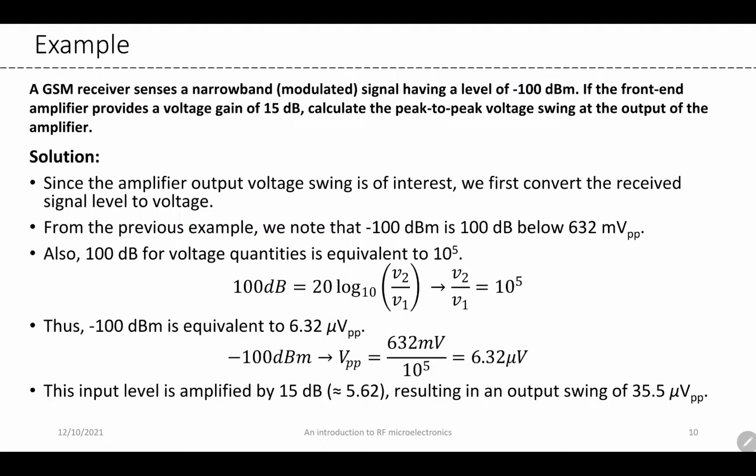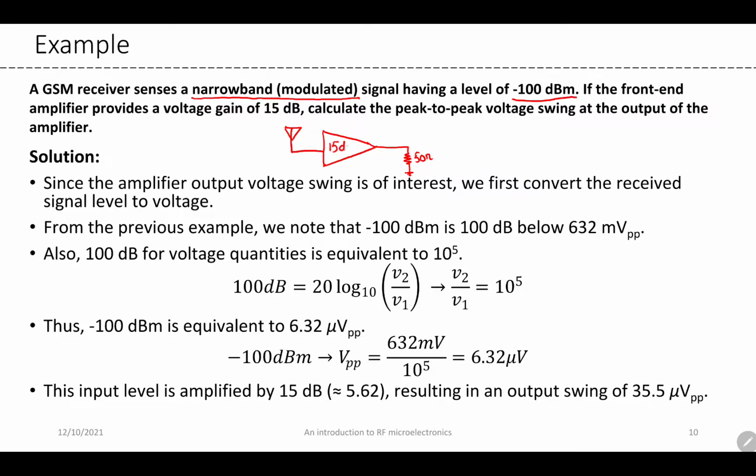A GSM receiver receives, and again the important part is a narrow band signal having a level of -100 dBm. If the front end amplifier provides a voltage gain of 15 dB, calculate the peak to peak voltage swing at the output of the amplifier. Now we have an antenna and an amplifier, and then it delivers to a 50 ohm load.